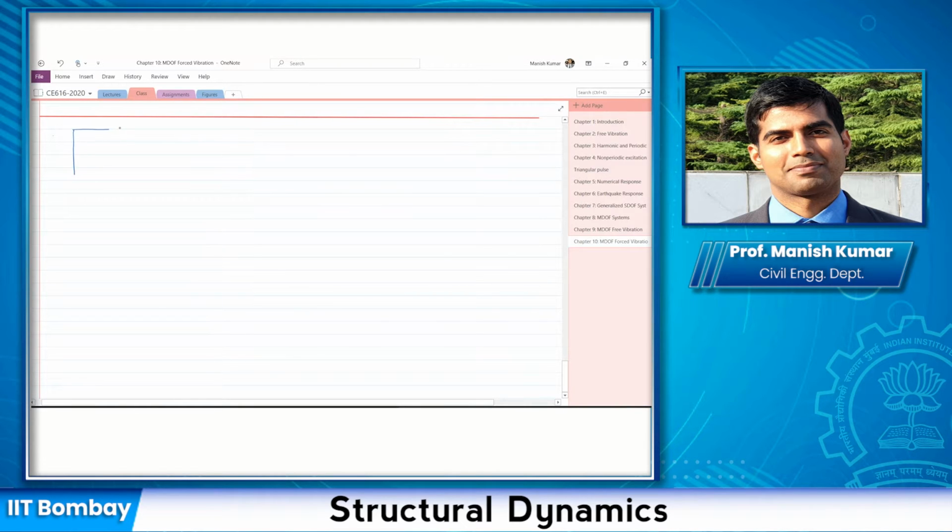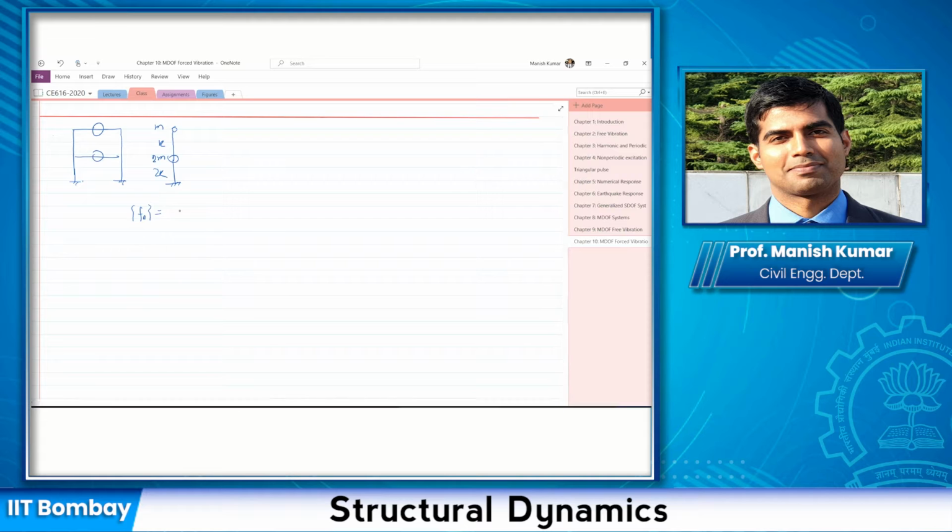A two-storey building here, or I was also considering this representation, so whatever representation suits you. This is 2K, 2M, and K and M. Let us find out the equivalent static forces that need to be applied. In the nth mode, the equivalent static force F_n(t) would be what?